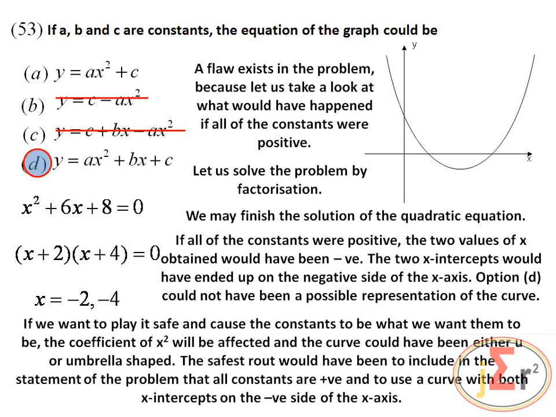So by flexing a bit with the sign of the constants, we cannot be sure of whether the curve would be U-shaped or umbrella shaped. Therefore, we need to fix the sign of the constants, because if we do not do that, then we have a serious problem with the shape of the curve.